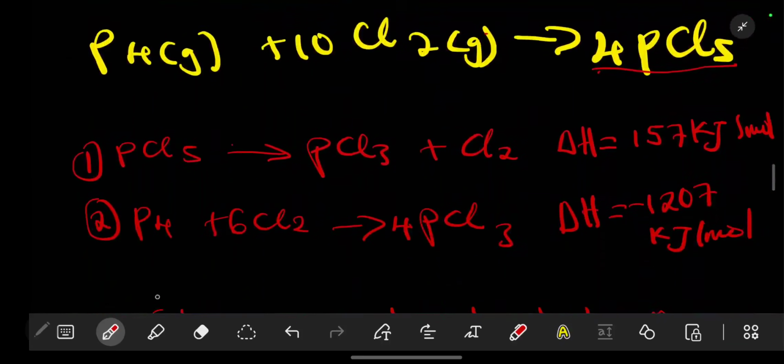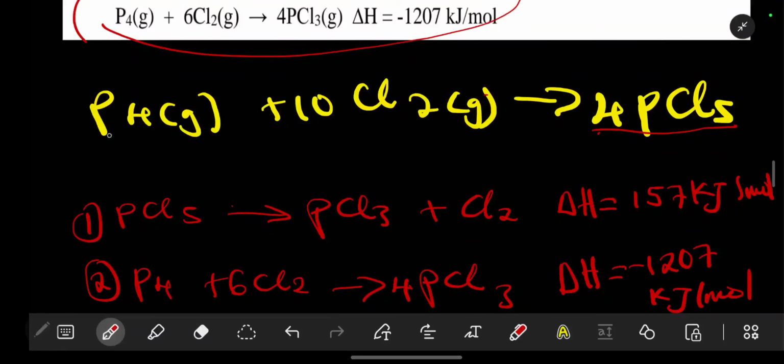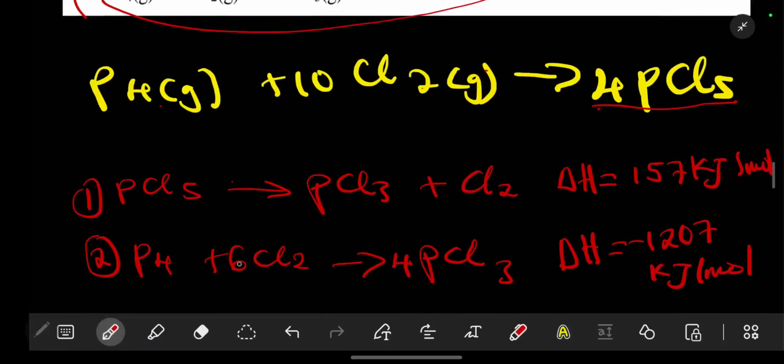Then we are going to get the other one. We have P4, and the required is just P4 without a number, which means we just add.